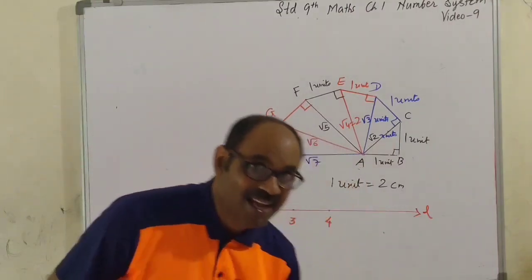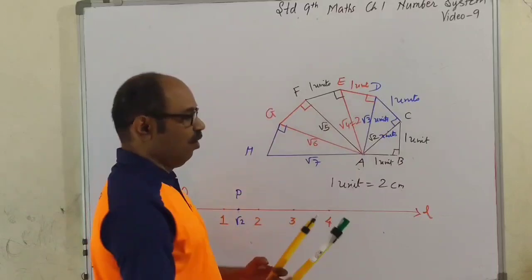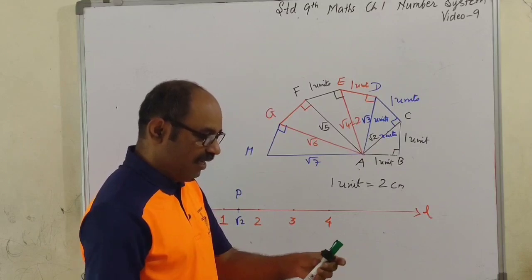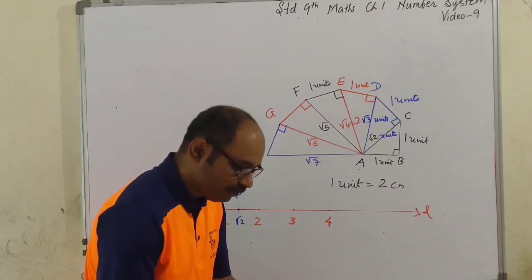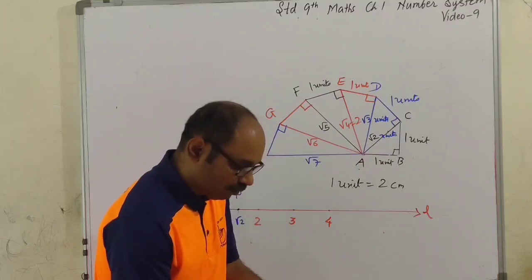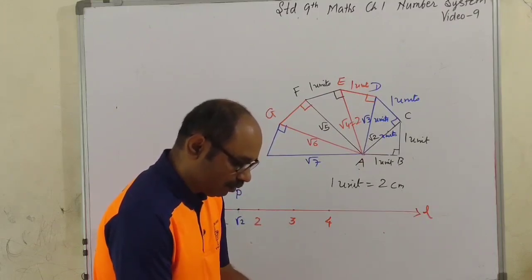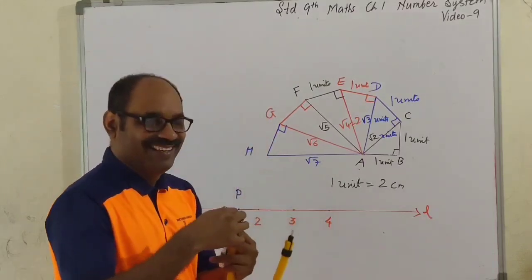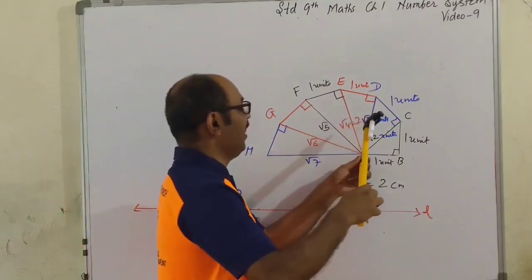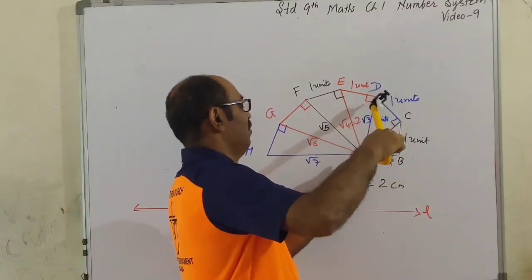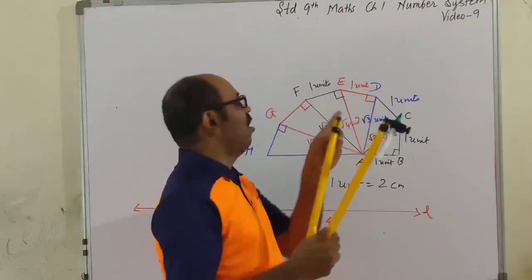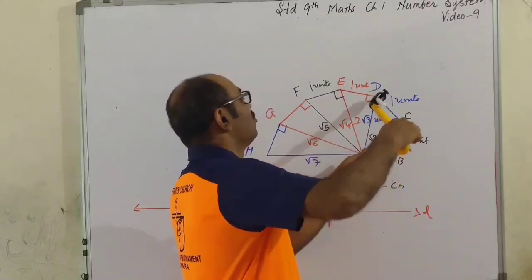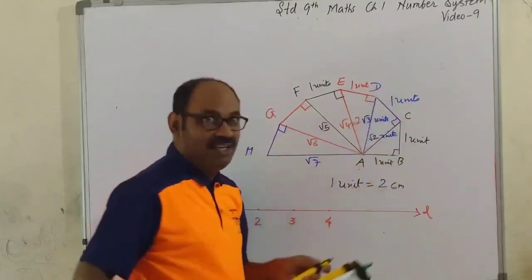Are you getting me? Now projection of root 3. What is root 3 in this figure? AD. Root 3 is AD, correct? Alright. Point of the rounder on A, and point of pencil for you on D. So this radius chosen is root 3.